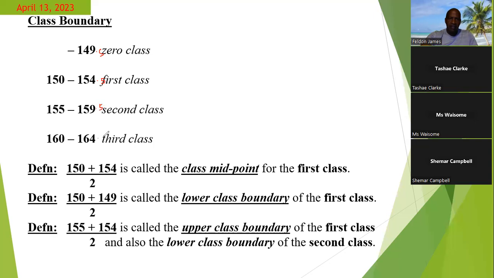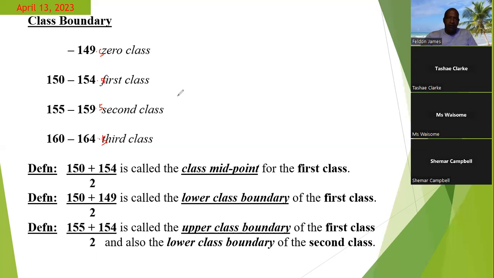All right. Look at all of these now. Tell me the boundary values that we have. Ms. Clark, tell us all the boundary values. 149.5, 154.5, 159.5, and 164.5. All right.